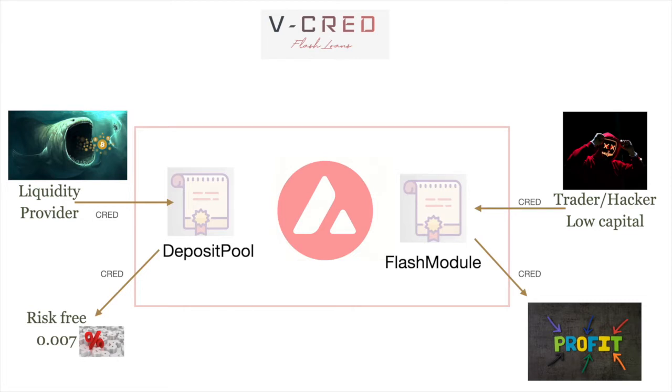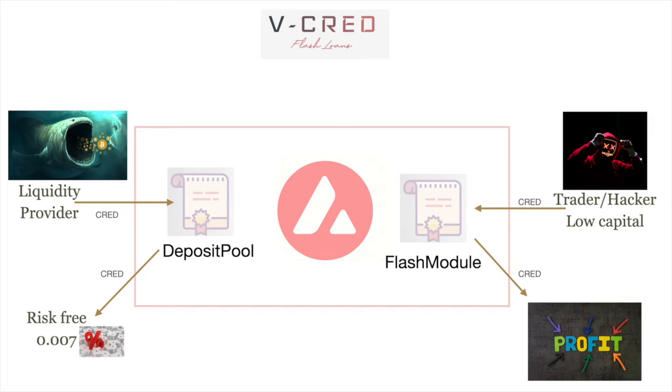The process starts with the liquidity provider depositing a certain amount of Cred into the deposit pool, for which he wants to earn risk-free interest, for example, 200,000 Cred. On the right, the trader or the hacker, who has low capital, for example, 200 Cred, deposits that into the flash module, hoping to have a highly leveraged trade.